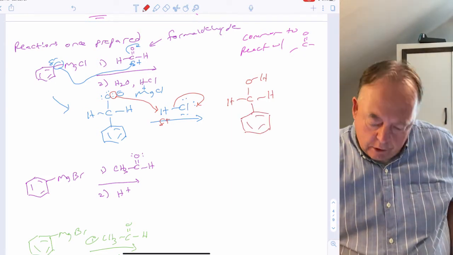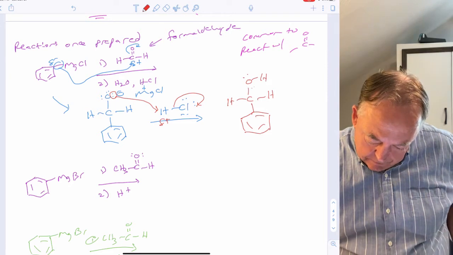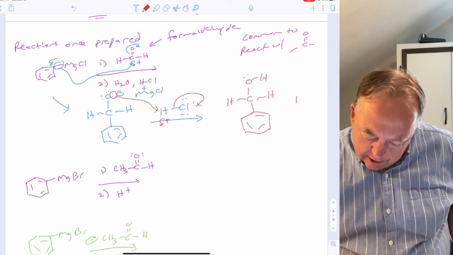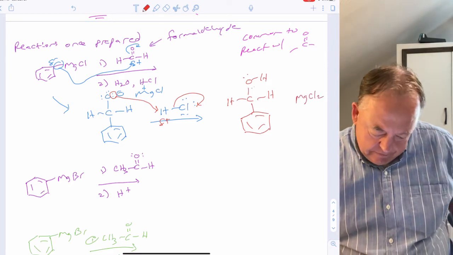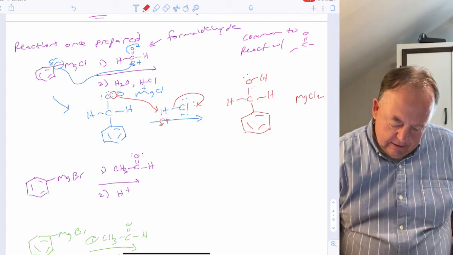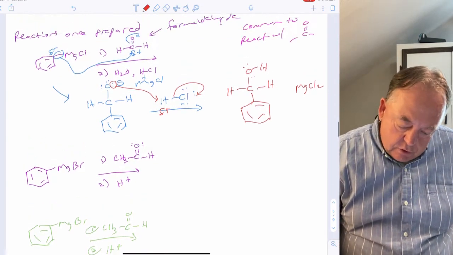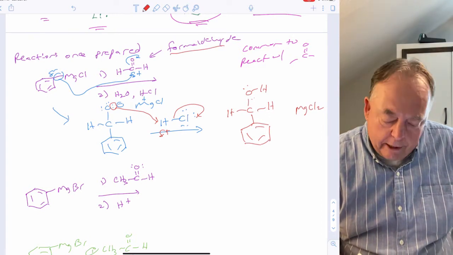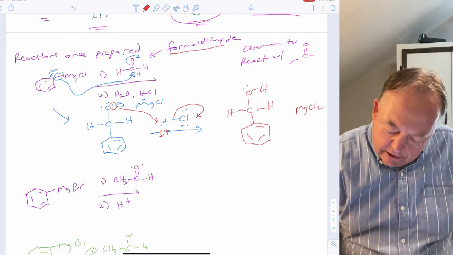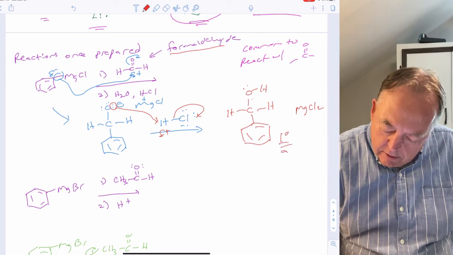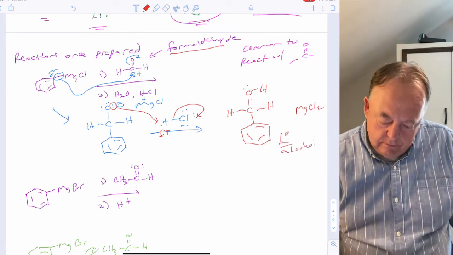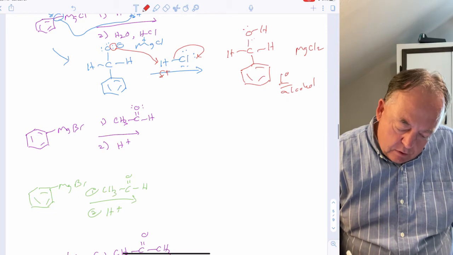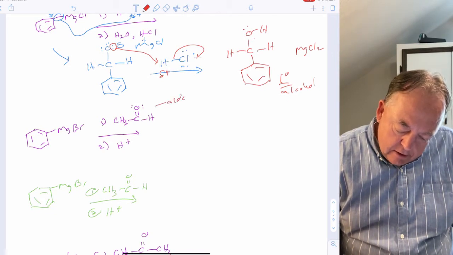And that's your major organic product. And then your side product in this case would be magnesium chloride. Okay, so this aldehyde is known as formaldehyde. So if you take an organolithium or organomagnesium reagent with formaldehyde, then you make a primary alcohol. So it's a similar reaction if you react with an aldehyde.